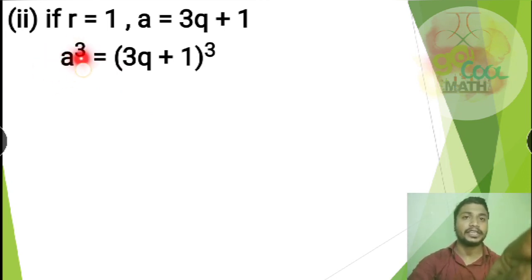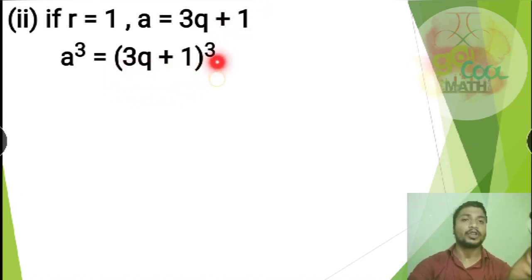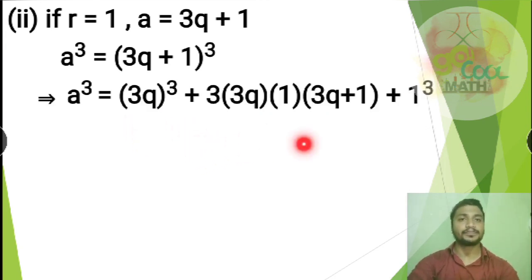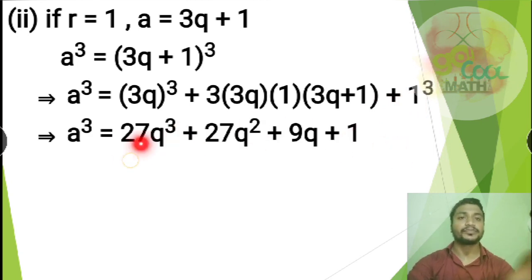So 3q plus 1 the whole cube, that is (a plus b) the whole cube. What is (a plus b) whole cube? a cube plus b cube plus 3ab into (a plus b). So 3q the whole cube plus 3 into 3q into 1 into (3q plus 1) plus 1 cube.